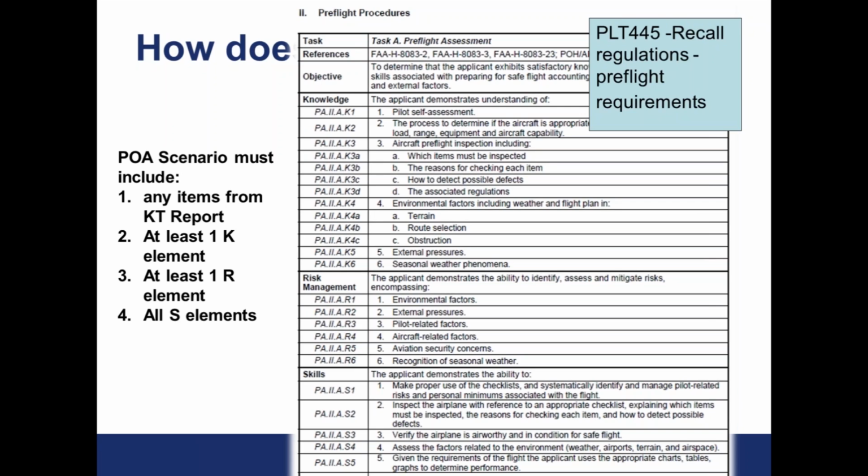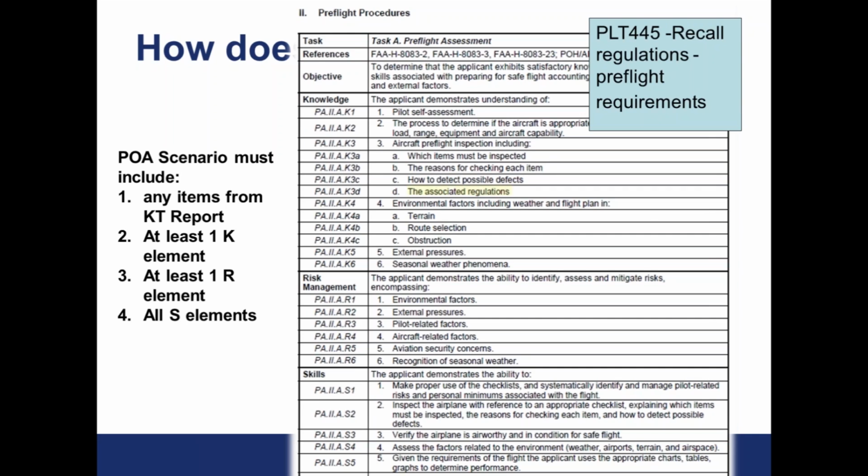Okay, so you missed a question related to that on your knowledge test. So you look that one up and it says regulations regarding pre-flight requirements. So what the examiner has to do is they have to look through and find a reasonable match to that concept, the concept being pre-flight regulations.